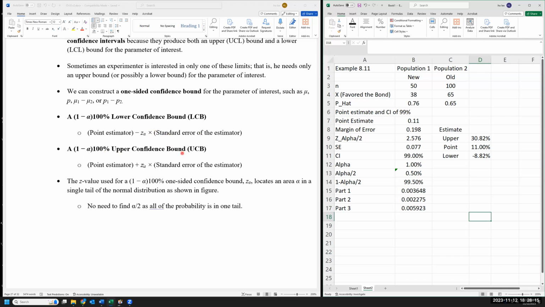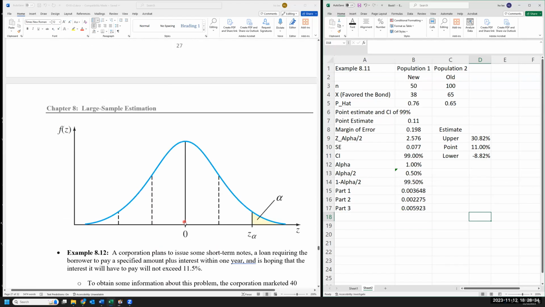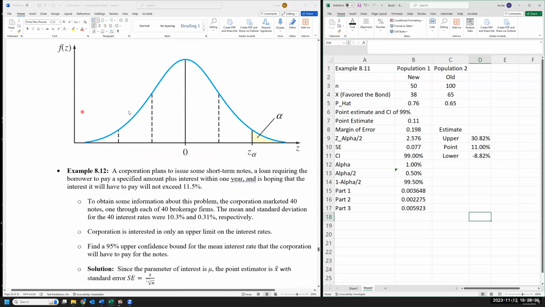If it's the upper, then it's point plus z of alpha, again one-sided, times the standard error of the estimate. Again, no need to find alpha divided by 2 because we're putting all of the error probability on one side. Here it is. We put them all on one side.